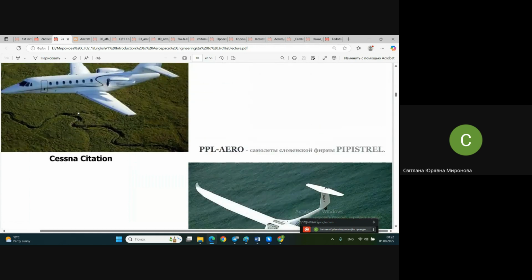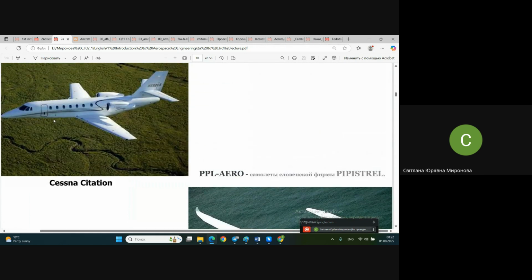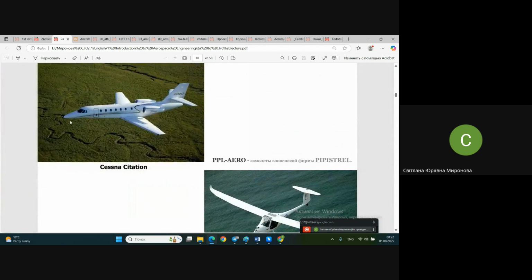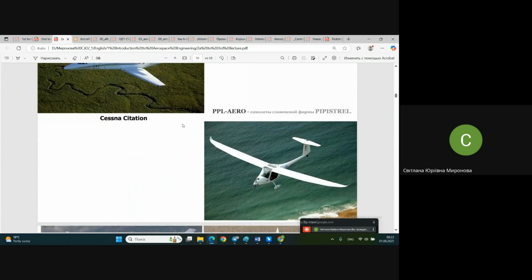And here we see retractable landing gear. If in flight we see no landing gear at all, it means it's hidden somewhere in the fuselage, or maybe in other places, not compulsorily in the fuselage. It may be in the wing.